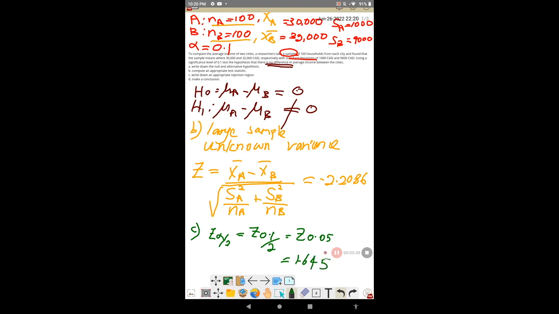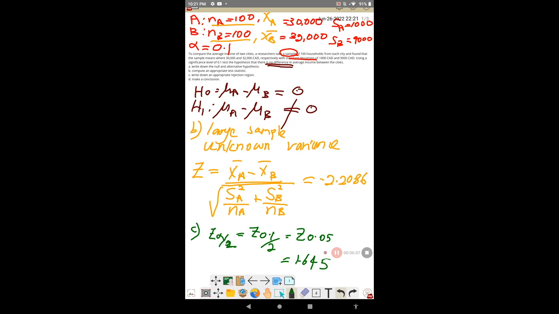You can find this value using your table. Why do we use alpha divided by 2 instead of alpha? Because this is a two-tail test.